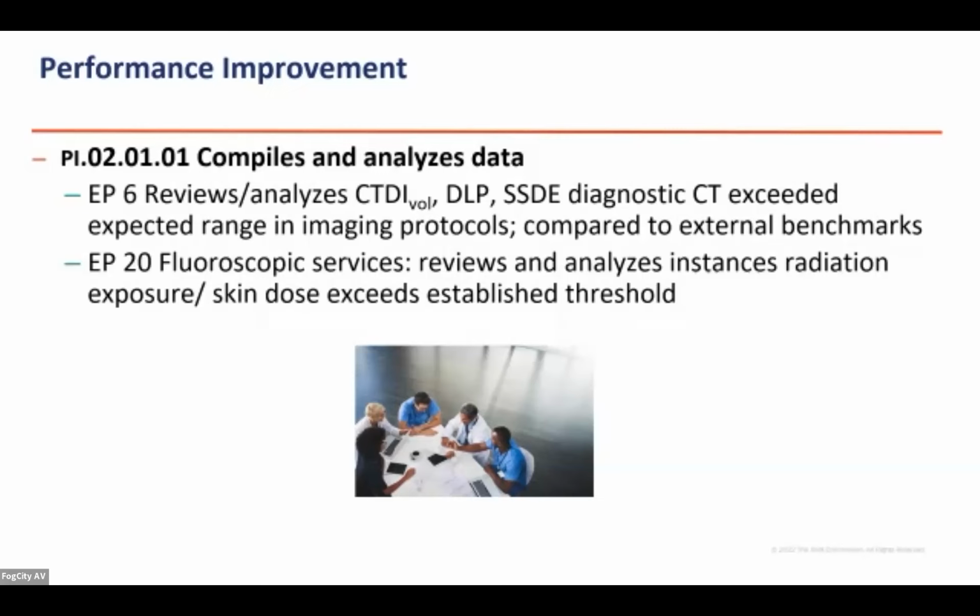And if it was just patient habitus, a body habitus, if it's motion, you've documented that that's what it was, that you're not exposing patients because you're stuck 10 years ago in your protocols. So for fluoro, same thing. You should review and analyze those instances when you exceed that threshold. And that threshold you probably set up because you believe you might see some skin effects from that fluoroscopic radiation exposure. Next slide.